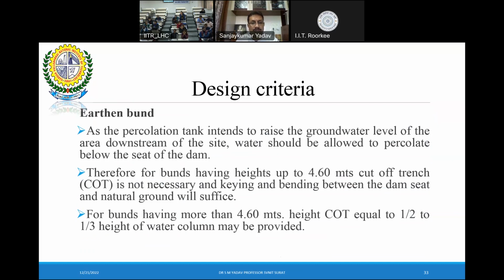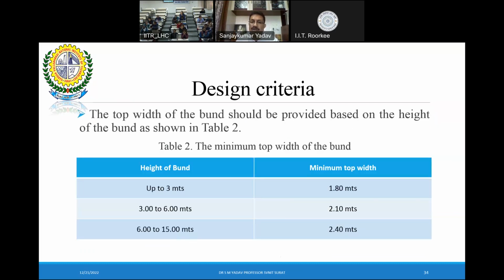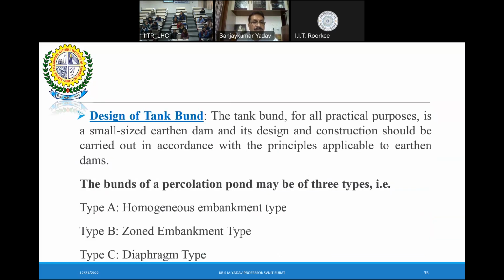For bunds having more than 4.6 meters height, a cutoff trench equal to 1/2 to 1/3 of the water column can be provided. The top width of the bund should be provided based on the height of the bund. Up to 3 meters, the top width required is 1.8 meters; 3 to 6 meters, minimum 2.1 meters; and 6 to 15 meters, the minimum top width required is 2.4 meters.